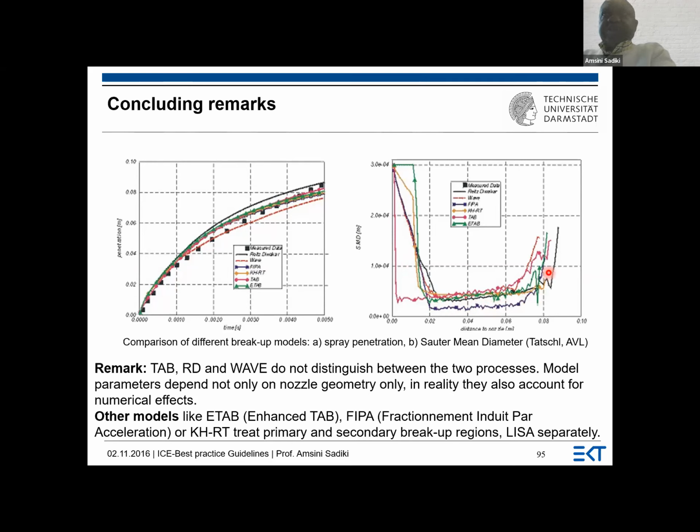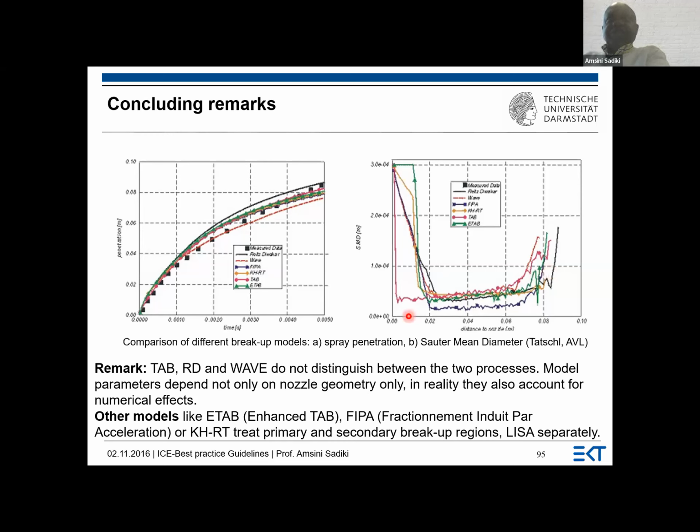This is due to the fact that these models include different parameters, and sometimes these parameters are tuned for a specific configuration and cannot be used for all configurations.